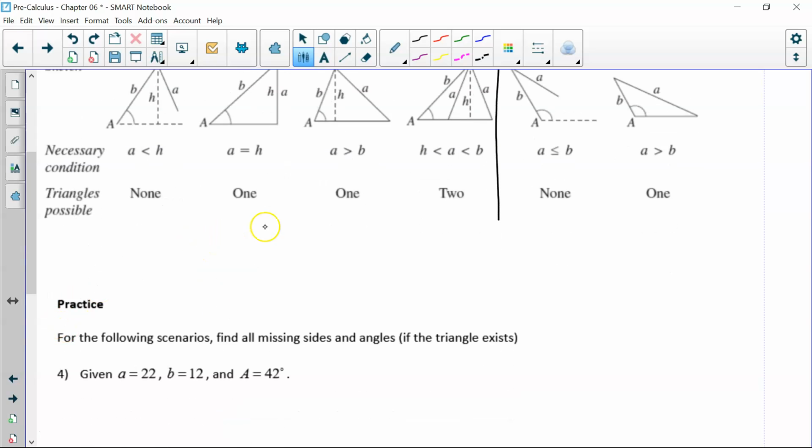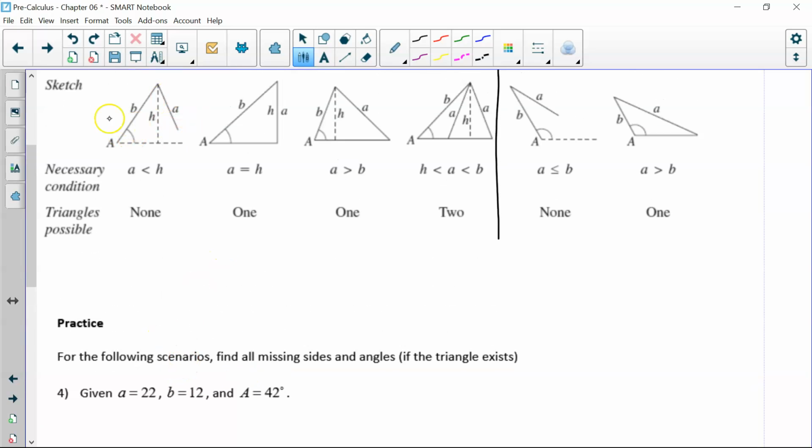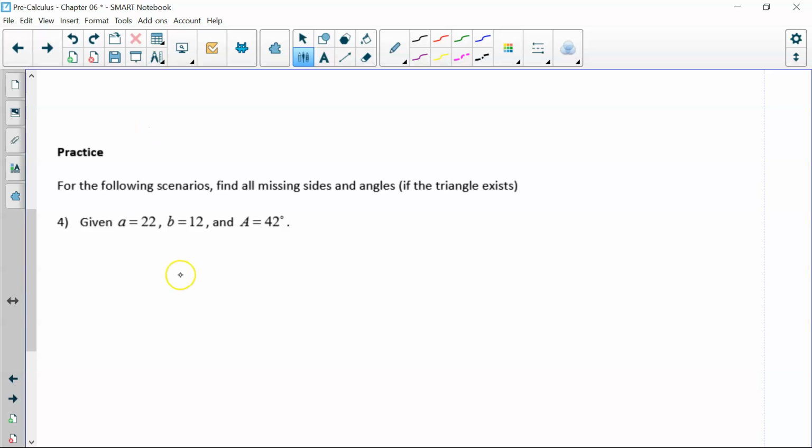Now, for the following scenarios, we're going to find all the missing sides and angles, if the triangle even exists. When I set this up, we have side A, side B, and angle A. I'm going to draw it as an easy way to make it look like our situations above. Here's angle A. It's 42 degrees.